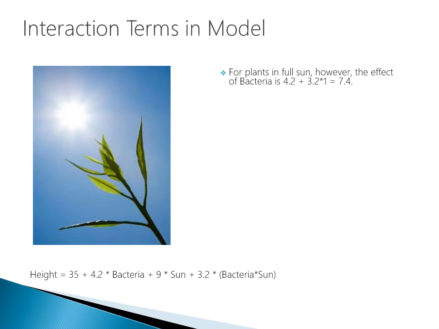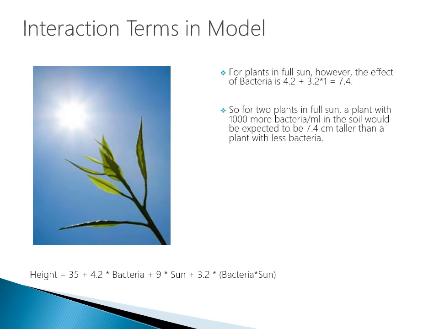For plants in full sun, however, the effect of bacteria is 4.2 plus 3.2 times 1, which in turn equals 7.4. So for two plants in full sun, a plant with 1,000 more bacteria per milliliter in the soil would be expected to be 7.4 centimeters taller than a plant with less bacteria.